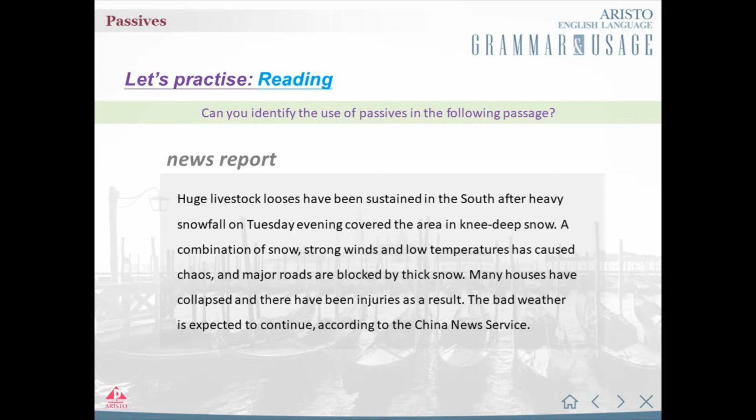The answers are have been sustained, are blocked, and is expected. Did you get them right?